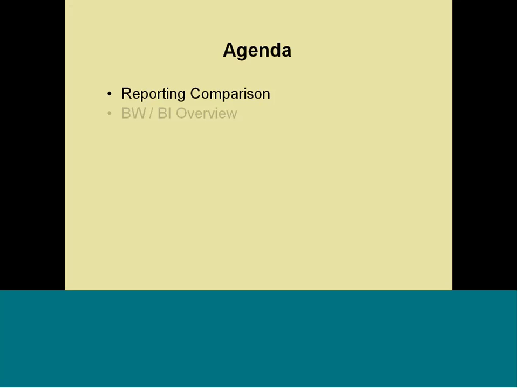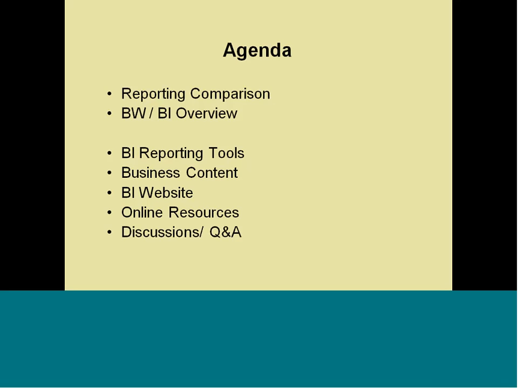Reporting comparisons, we will do BI BW overview. We will see BW BI landscape and architecture. What are BI reporting tools, business contents, BI website, human resource and discussions. So in the overview, we will be having DSOs, info cubes, metadata, info sets, a lot of things.